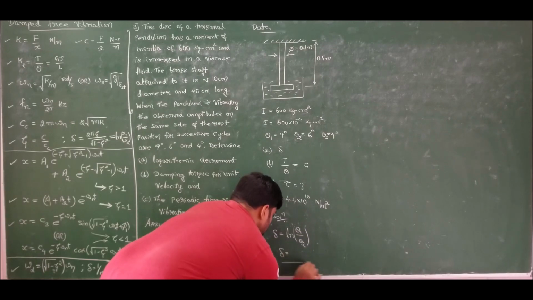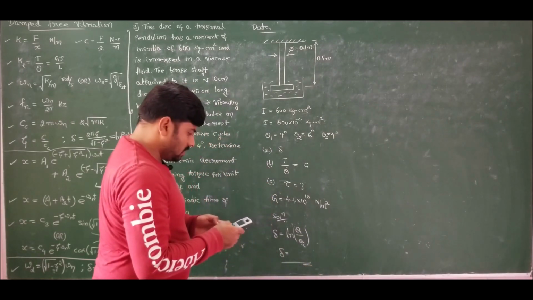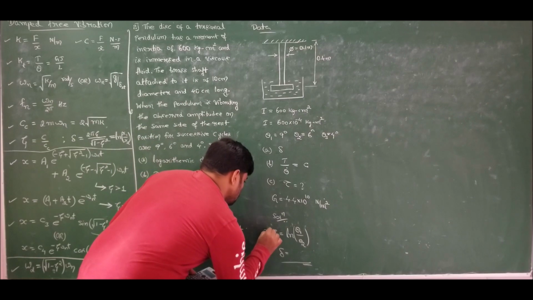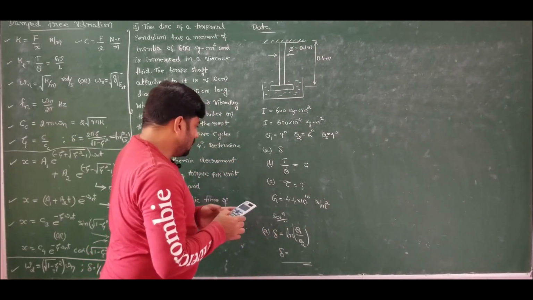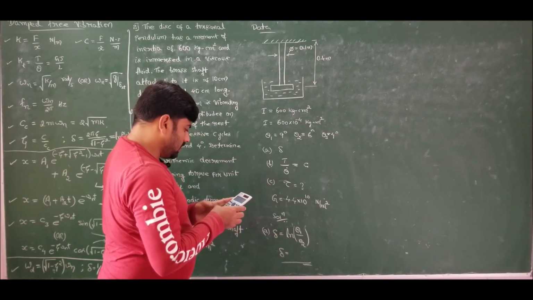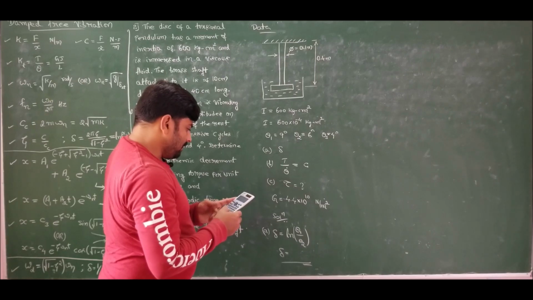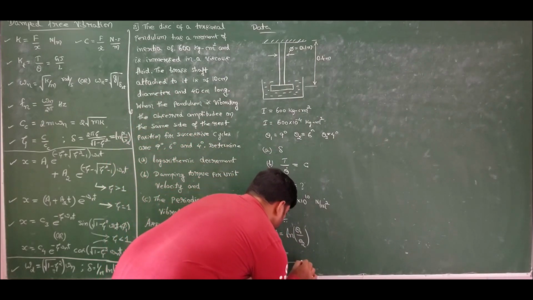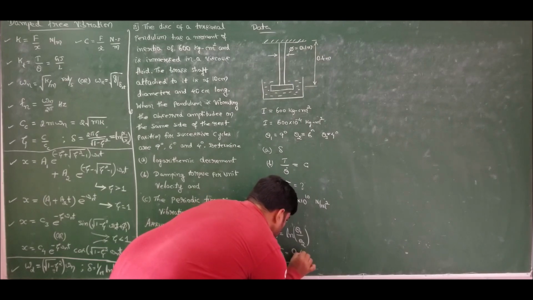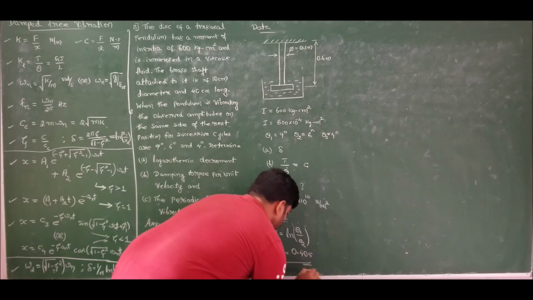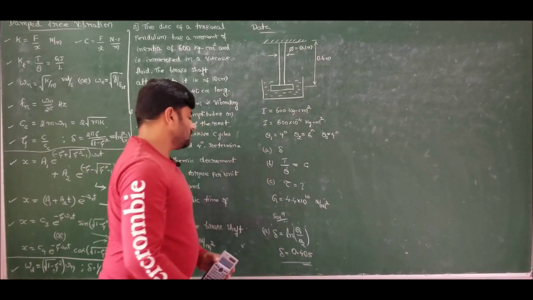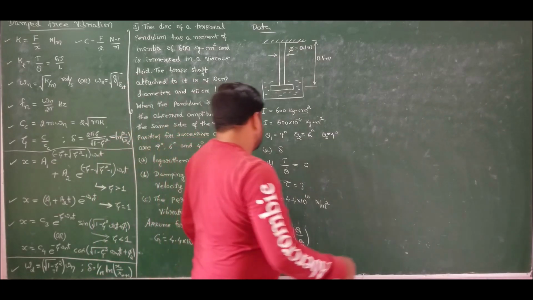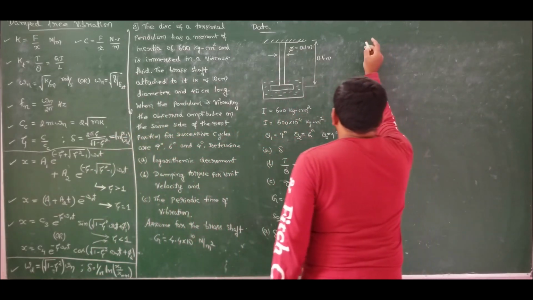Hence the value of delta will become ln of theta 1 is 9 degrees, theta 2 is 6 degrees, which is turning out to be 0.4055. Let me take it as 0.405. That is enough.